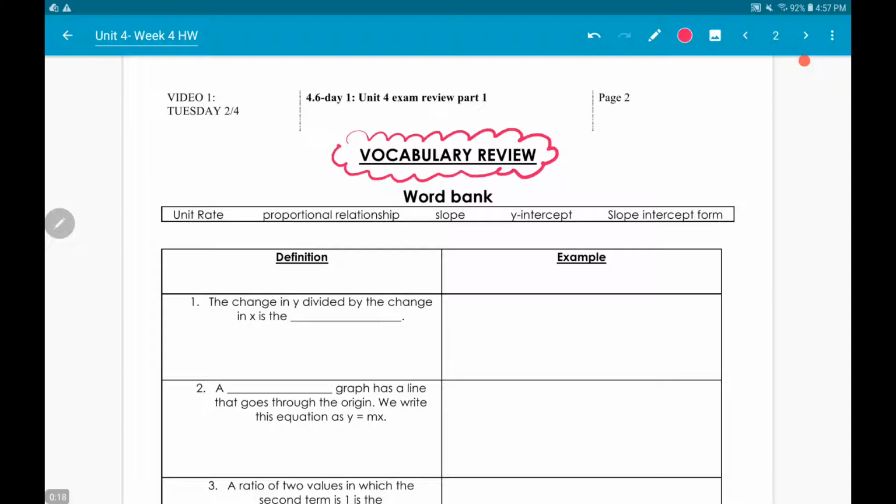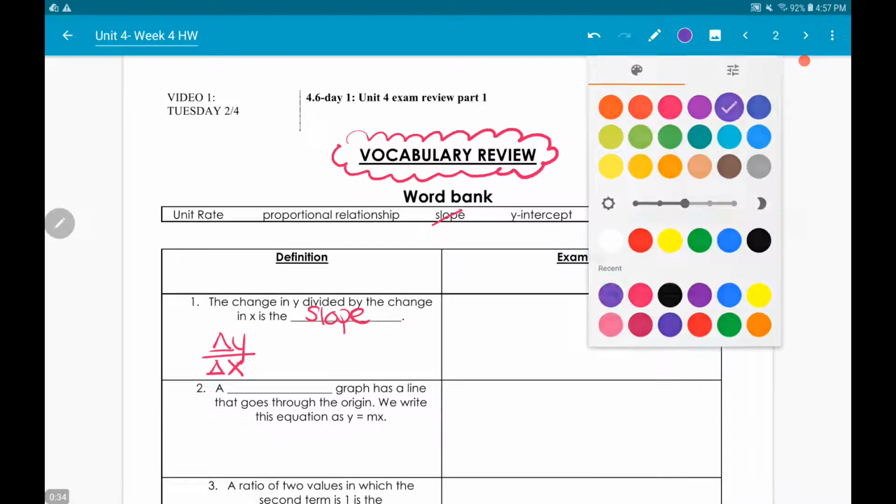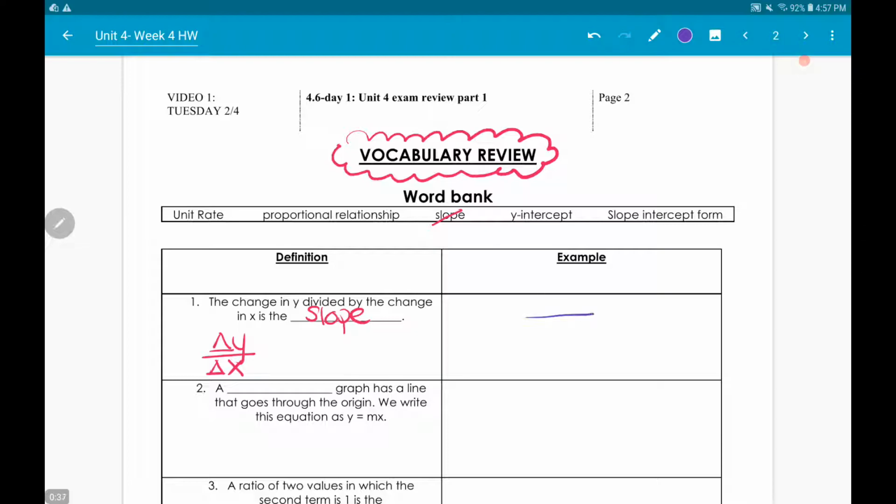So the change in y divided by the change in x is the blank. That's what I'm talking about. This is the slope. All right, and the slope is when we take two numbers and we find the difference and we divide them.